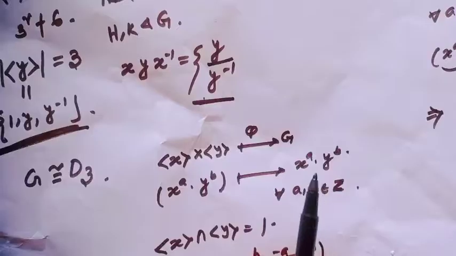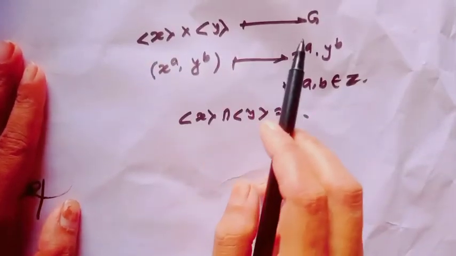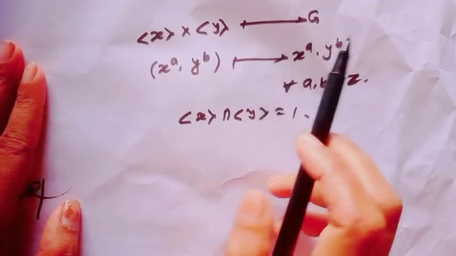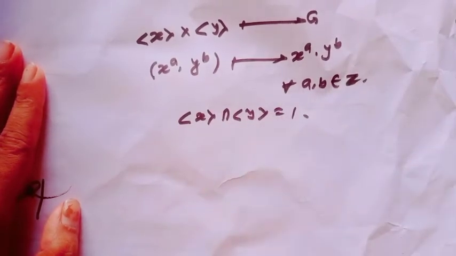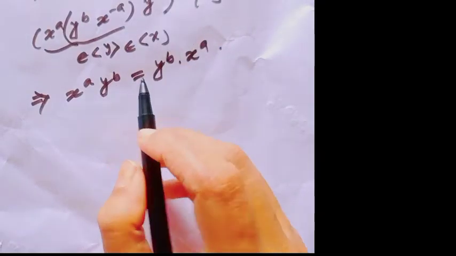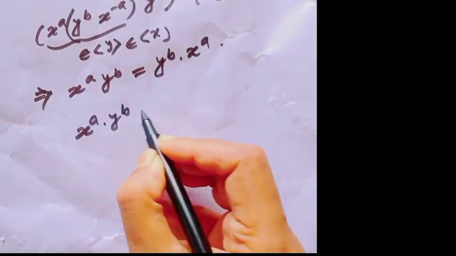And from this relation, phi is easily a homomorphism. Since the orders of domain and codomain are the same, to prove isomorphism it is enough to show only one thing: we have to prove the kernel is trivial. Consider x to the power a times y to the power b equal to 1.